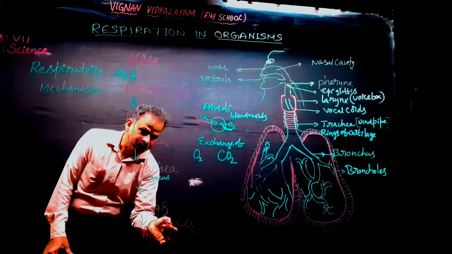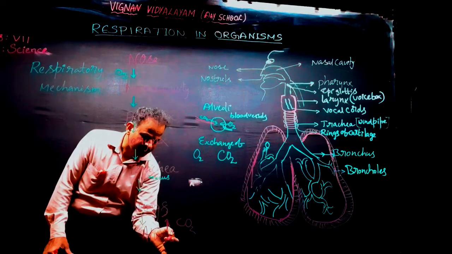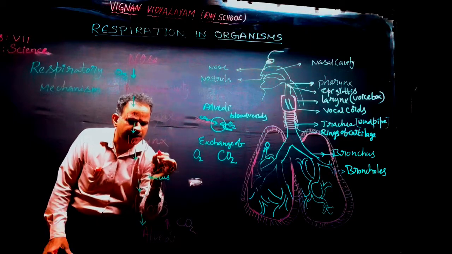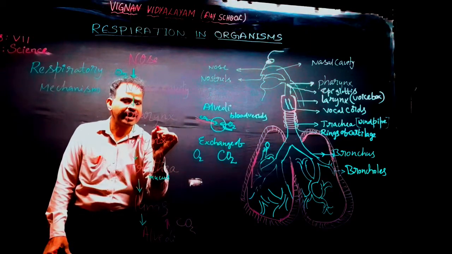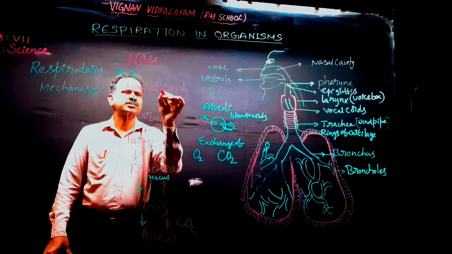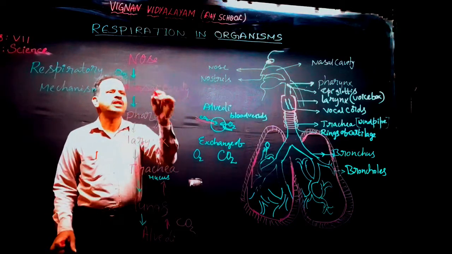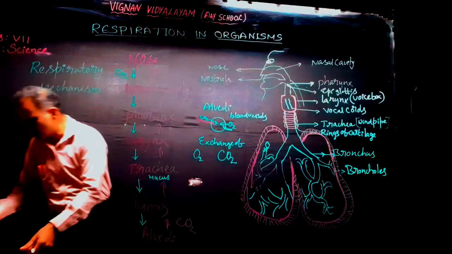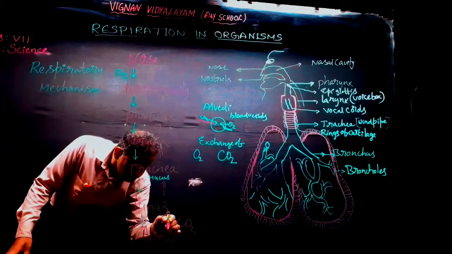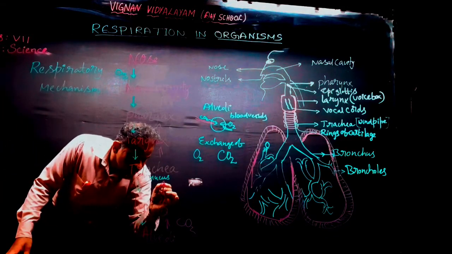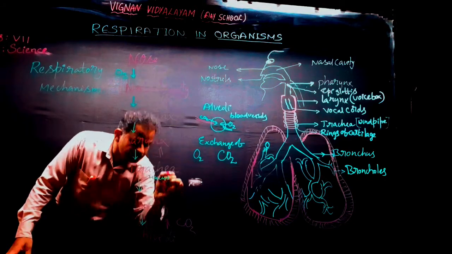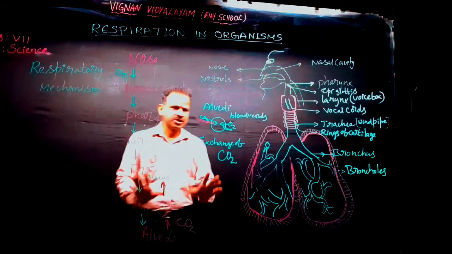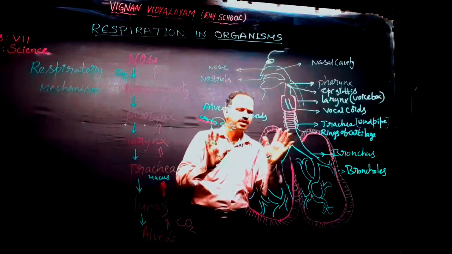So the air rich in carbon dioxide from the alveoli enters into the lungs and into the trachea, trachea to larynx, larynx to pharynx, pharynx to nasal cavity and nose, and it is expelled out. Okay, children, this is about the respiratory system in human beings.